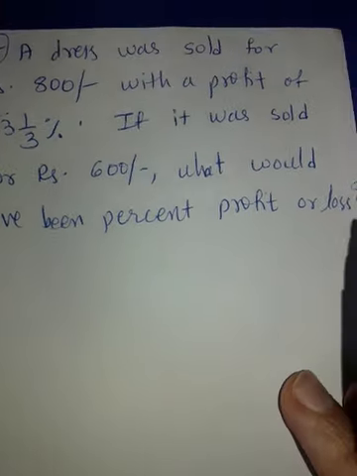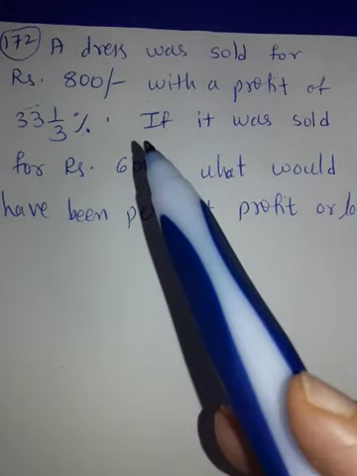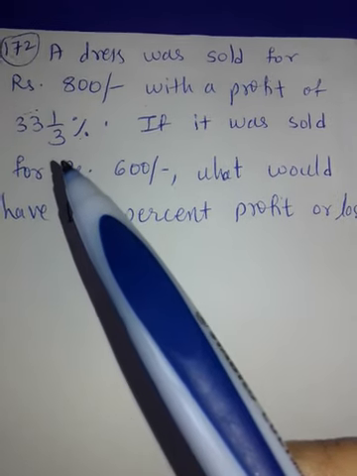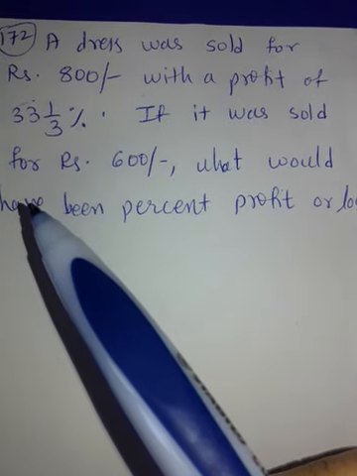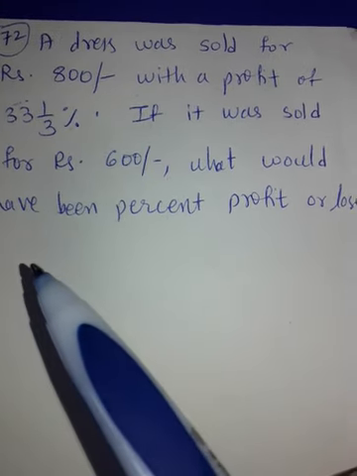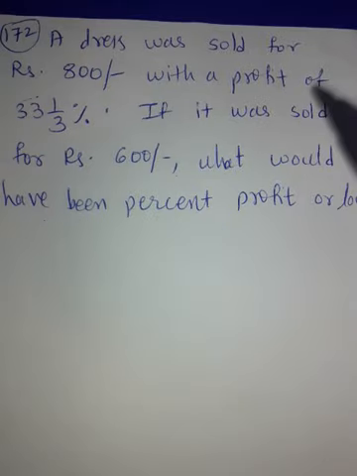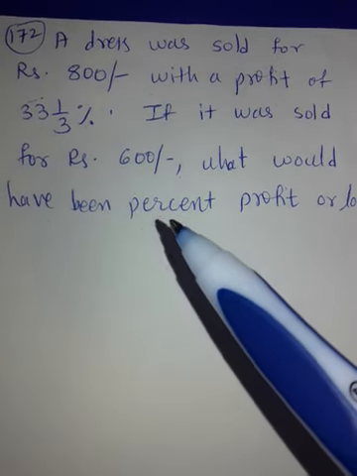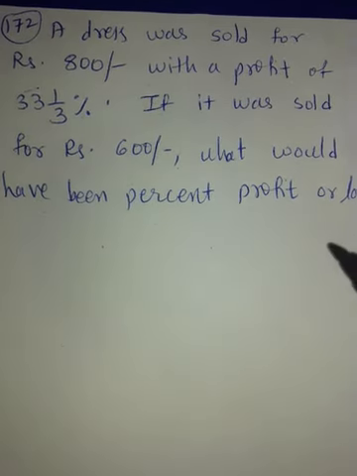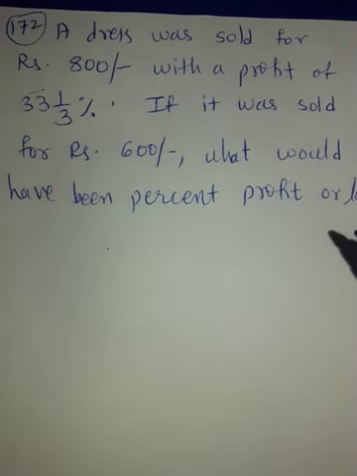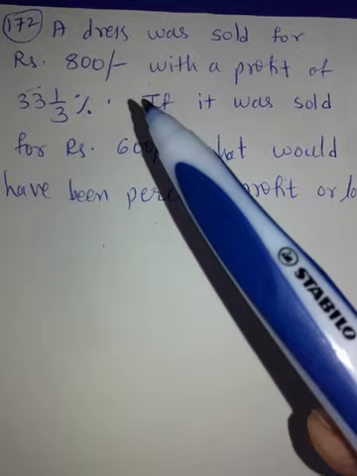Now let's see how to solve this. Okay, whenever I say 20% profit, 25% profit, what do I do? I add it to 100, correct? So when I say 20% profit, then always I put it like this. If 100 is the cost price, then 120 is the selling price, right? But here it is not a whole number.